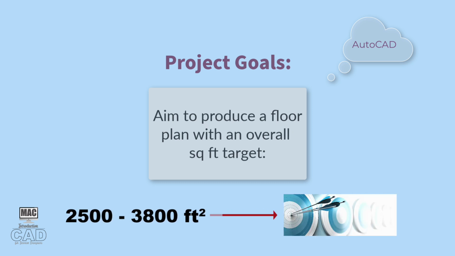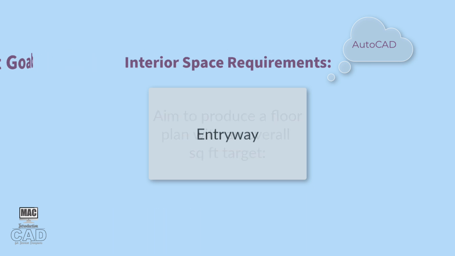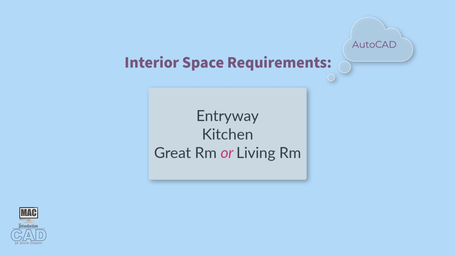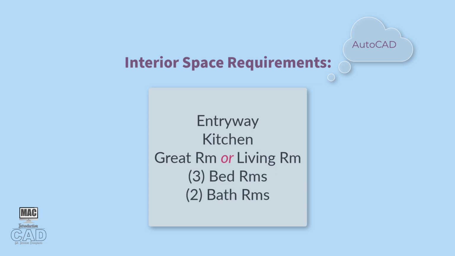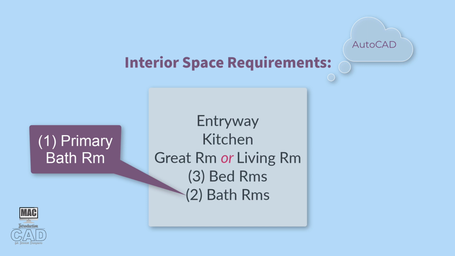This gives us a target anywhere between 2,500 and 3,800 square feet to develop, where we need the following spaces defined: one primary entryway, a kitchen space, a space allocated for a great room or a living room, 3 bedrooms, one identified as a primary bedroom, and 2 bathrooms, one of which is identified as a primary bathroom.